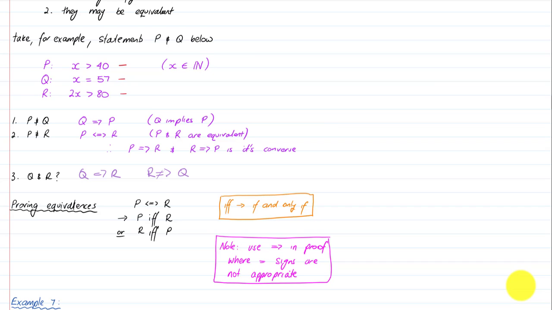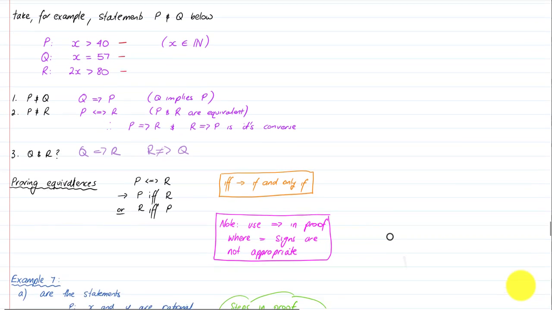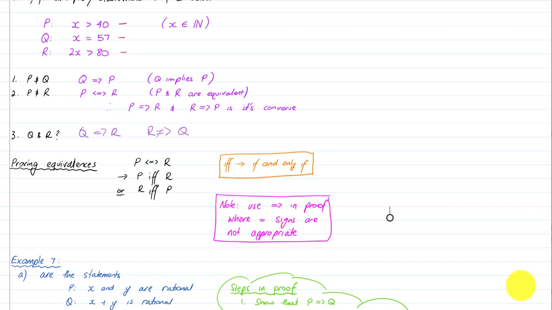So this implies this, implies this, implies this, and therefore proven, rather than equals. So P is equivalent to R if P if and only if R is true, and R if and only if P is true. And so this if and only if creates that equivalent statement.